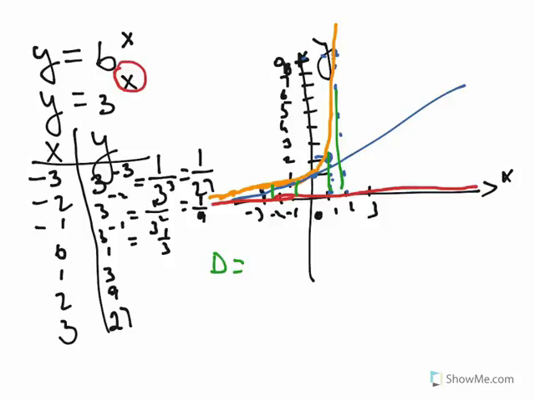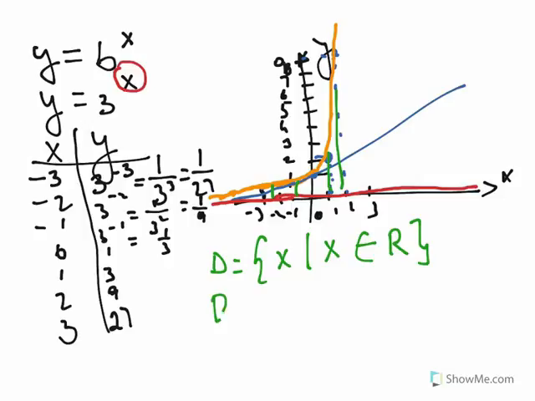The domain in this case is all real numbers. So let me erase a little bit, open a little space for myself. So I can say the domain is all the x's such that x is part of the real numbers.